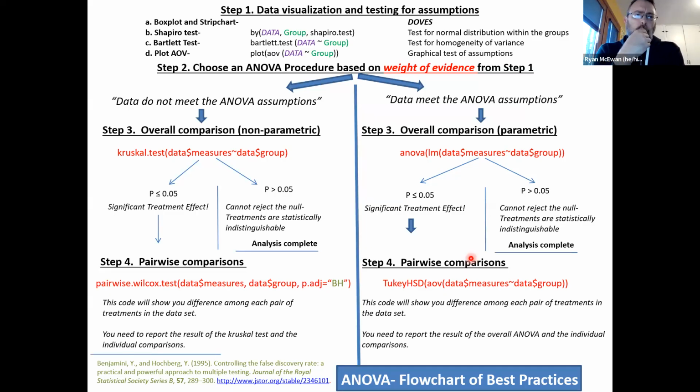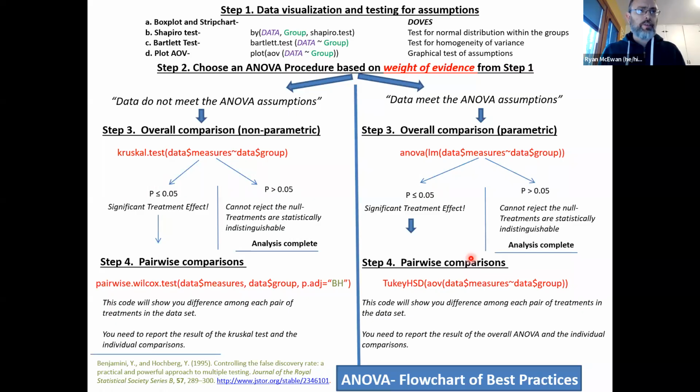Okay, now we're going to work through this ANOVA process with the flow chart of best practices. Understand, as I've said before, if you read the literature, go online, whatever, you'll find many people taking many different pathways through this. And as I've already talked about in some detail, what I'm teaching you is an approach.